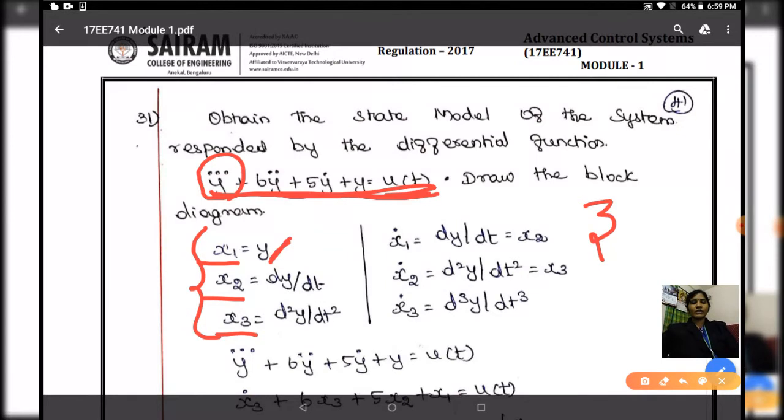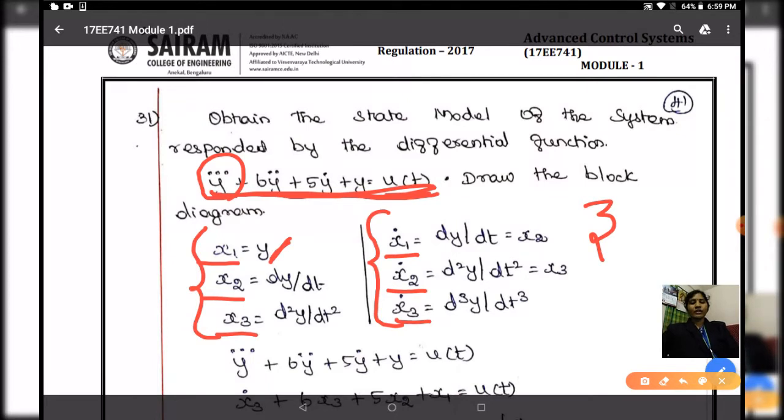Once the state variables are written, we need to write them in terms of first order differential equations, that is x1 dot, x2 dot, x3 dot. Why? Because the state variables are always represented using first order differential equations.